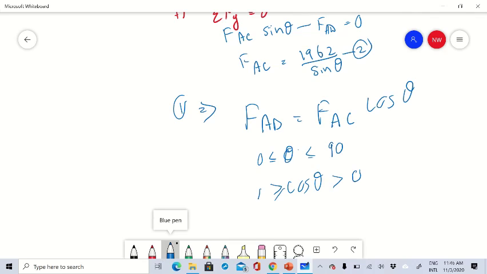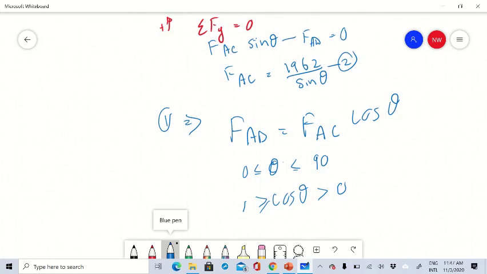Cos 0 is 1 and cos 90 is 0, so cos theta varies between 0 and 1. The value of cos theta is somewhere like 0.9, 0.8, 0.75, right?